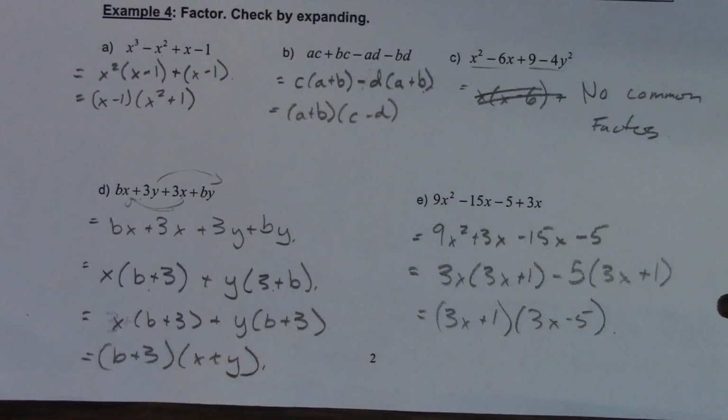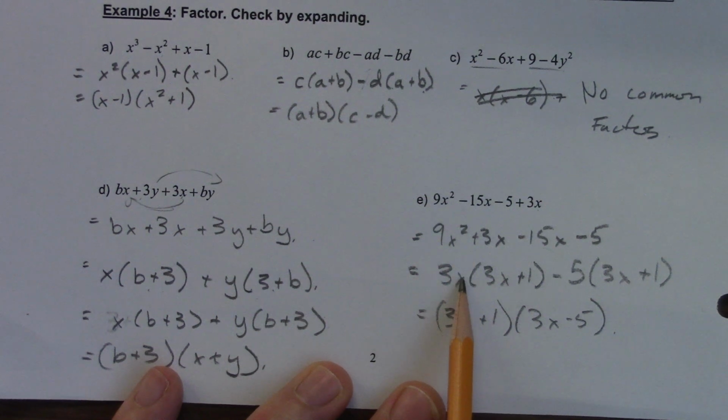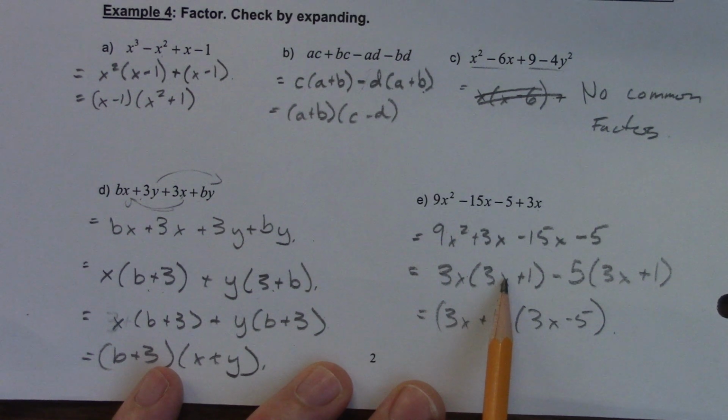Okay? Any questions there? Yeah. I don't understand. Which one? How you got 3x plus 1? Here? Yeah. So 9x squared divided by 3x. So 9 divided by 3 is 3, x squared divided by x is x, and 3x divided by 3x is 1.